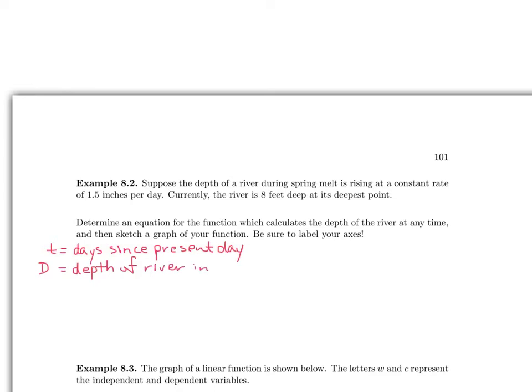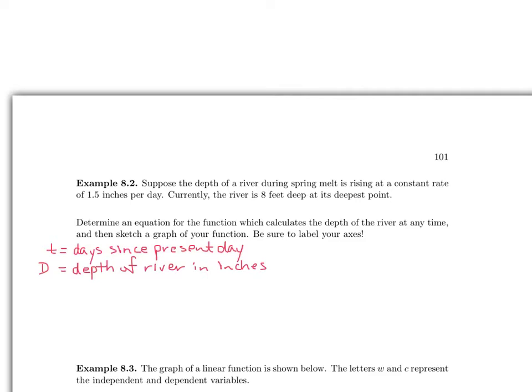And let's do it in inches. Okay, first question. If we're going to create an equation for this function relating these two variables, what kind of equation should it be? Is it linear?